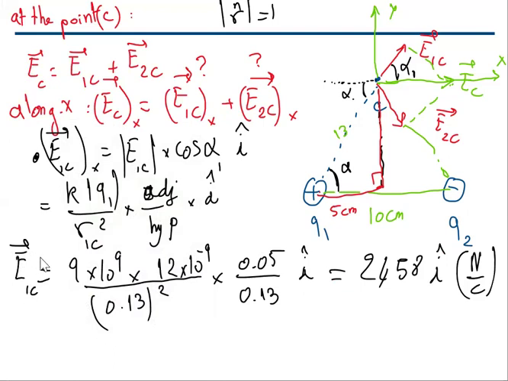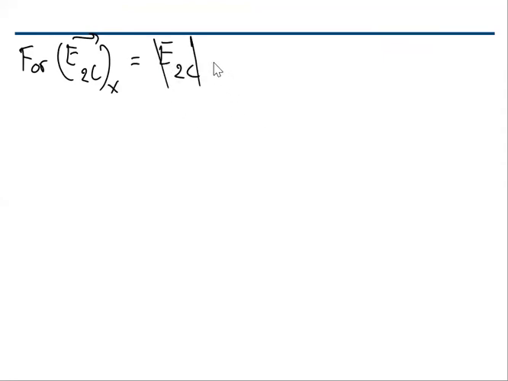We will repeat the same steps, but for E2C. For E2C along x, that means the x component, it will be E2C in magnitude multiplied by cosine alpha 2, now multiplied by the vector i.